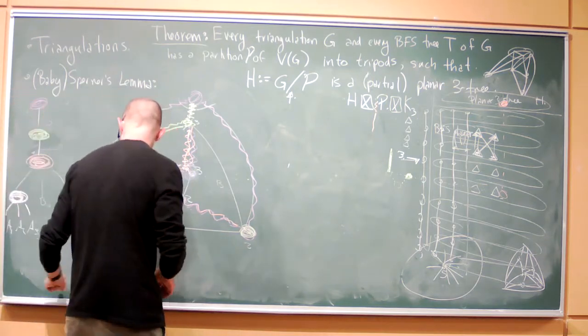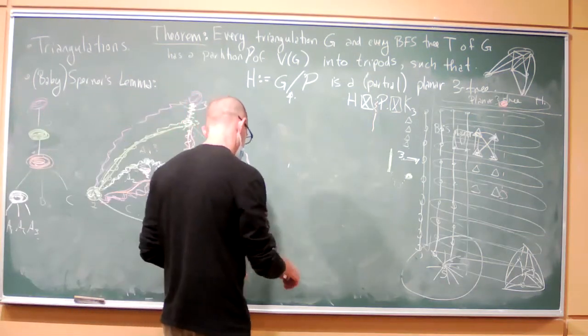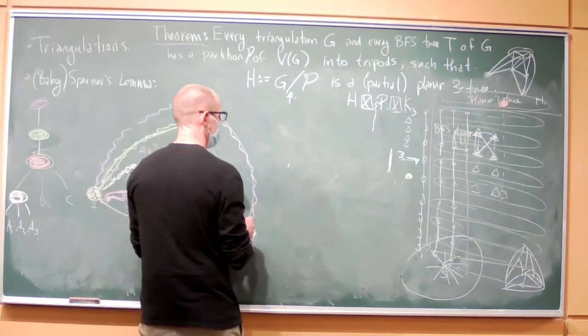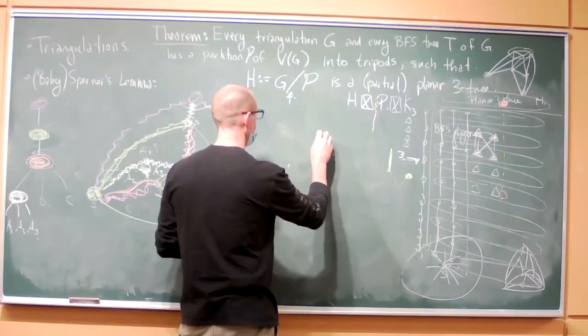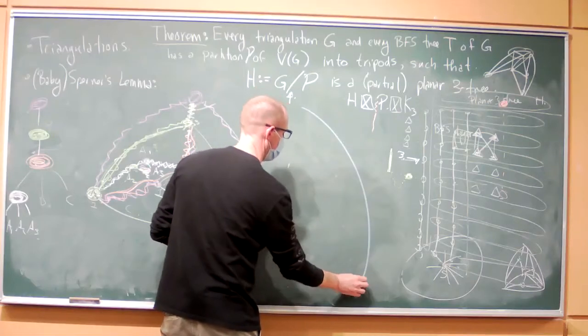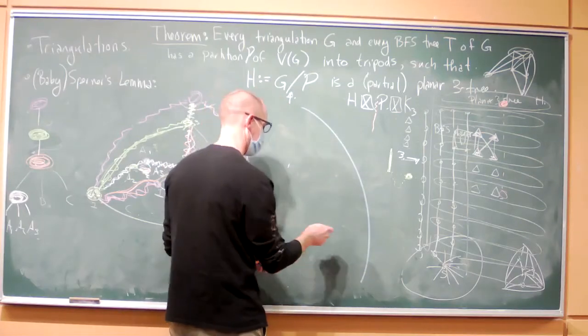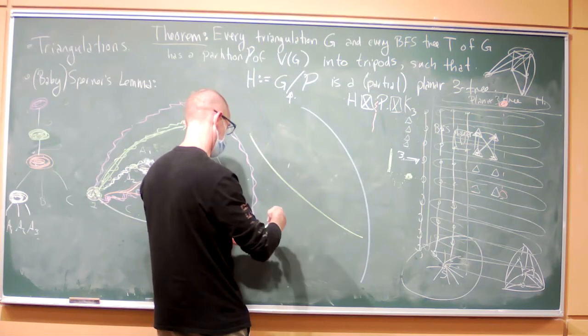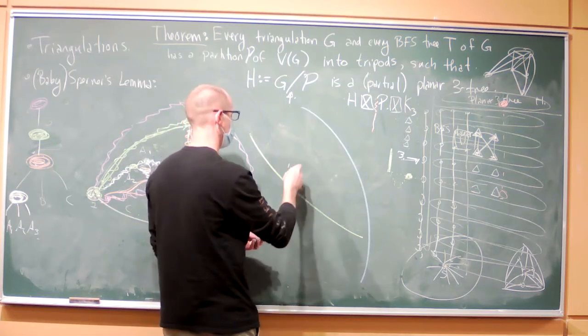So the generic picture at any step is: I have some part of my graph which I'm working on.